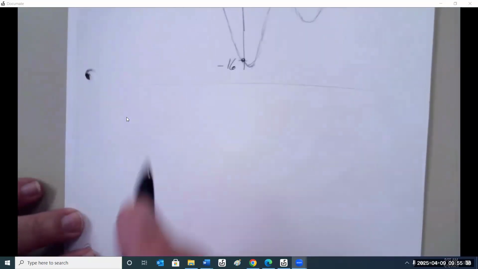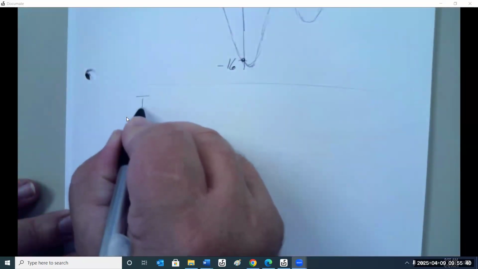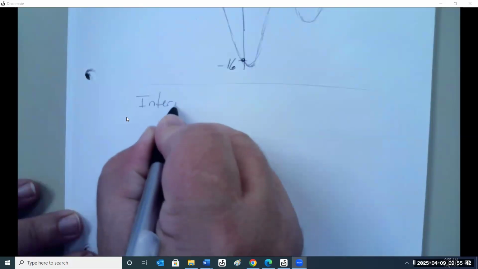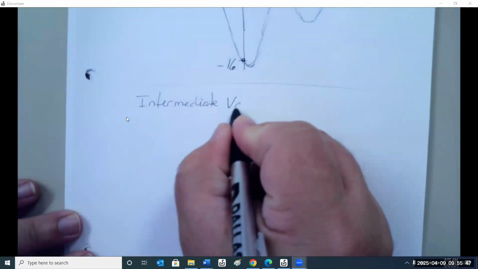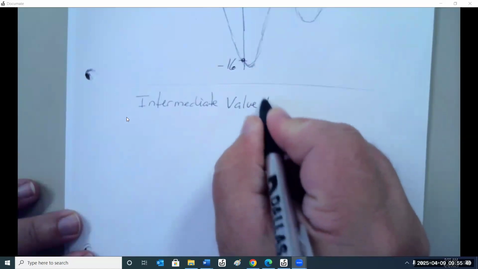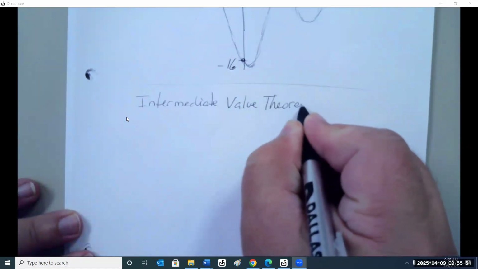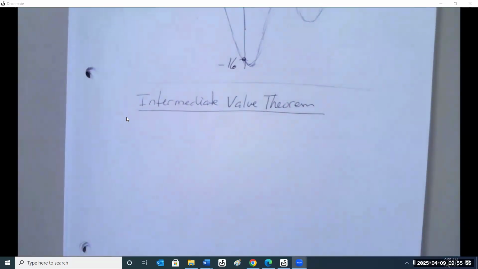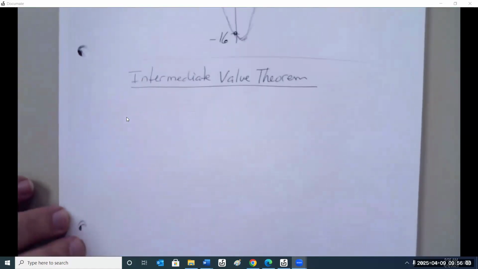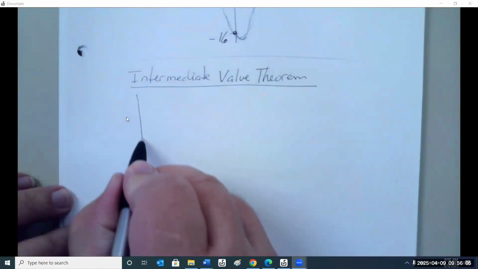The last thing in this section is called the intermediate value theorem. It's also called the Bolzano theorem. What it says is this.